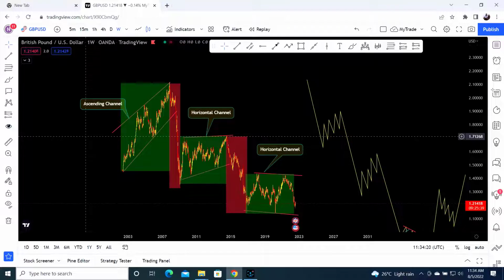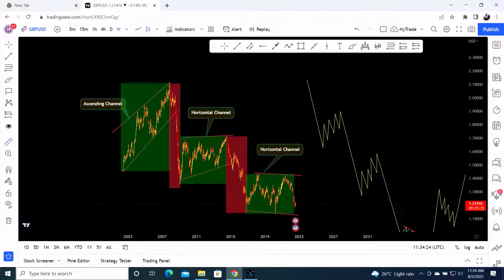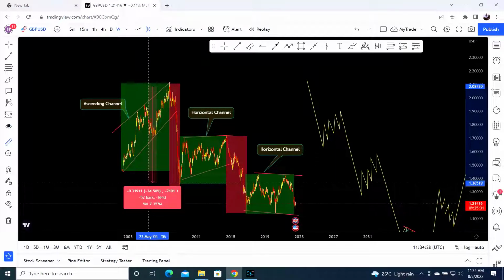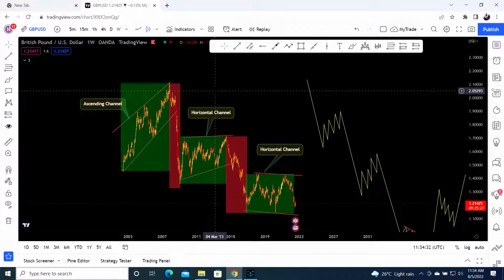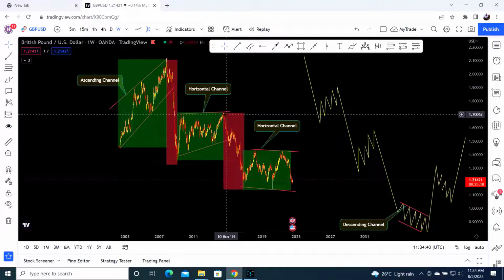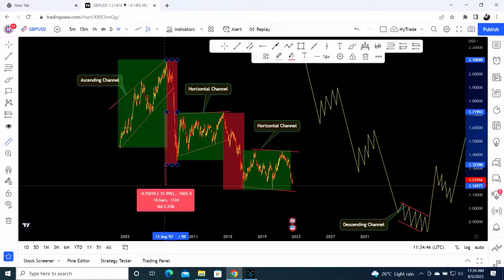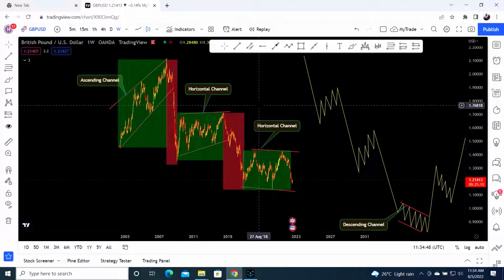Assuming you were able to prepare for this impulsive phase, a trader would have got about 7,300 pips, depending on where the position was placed. Likewise, assuming this trade was caught, the number of pips traveled was about 5,500.